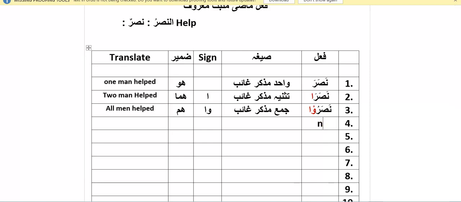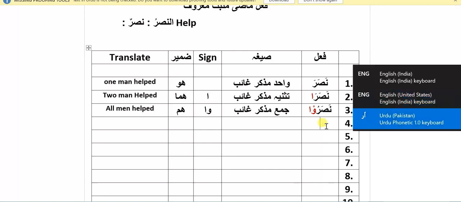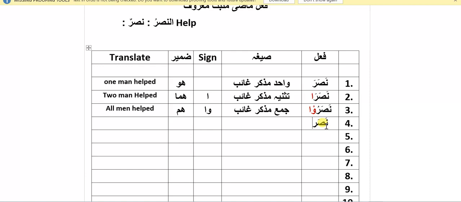Then we have nasarat, wahid muannas gayab. Ta sukun is a sign and here is a zamir. The translation is one woman helped.